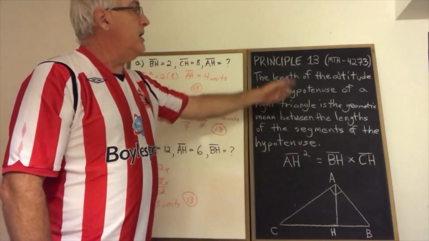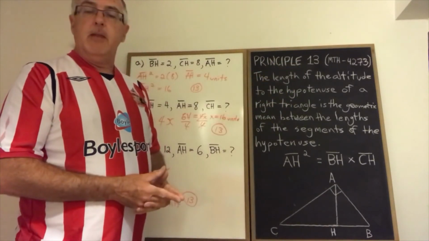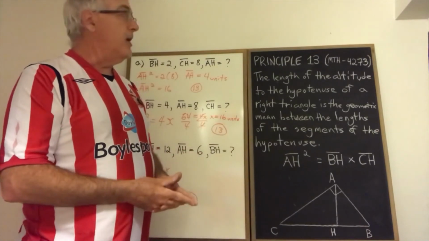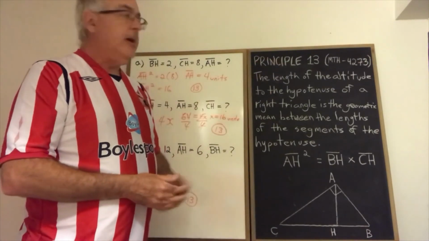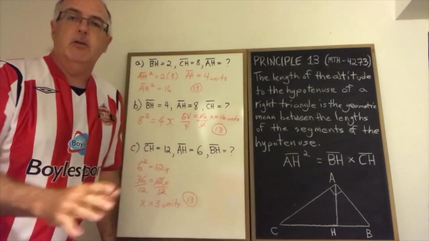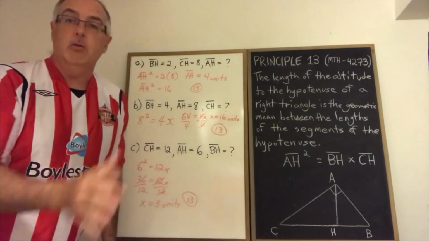It has this one, but it's not number 13. The other course has fewer principles and theorems for the students to know, so the numbering system is different, and this is actually Principle 11 in that course. Just be careful to use the list of principles and theorems that goes with your course.